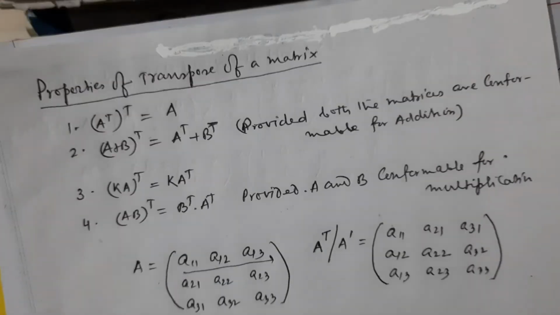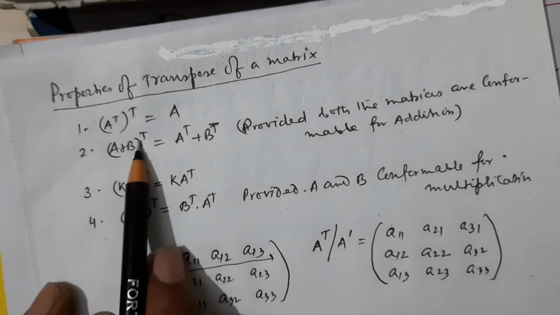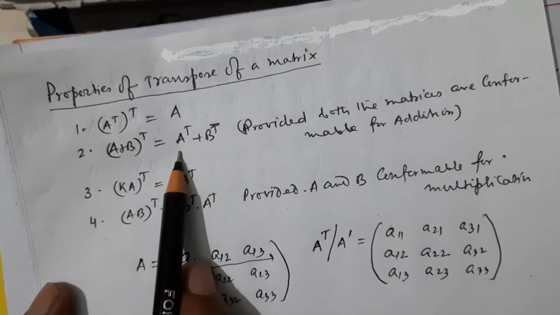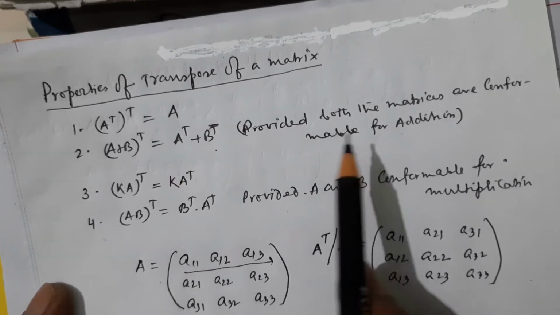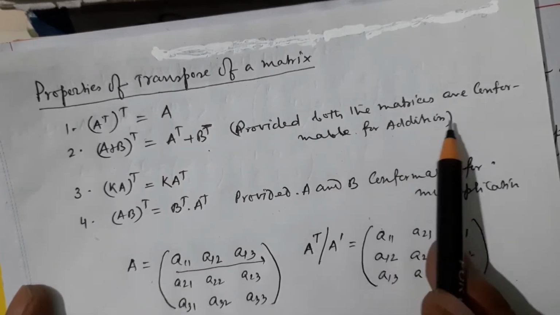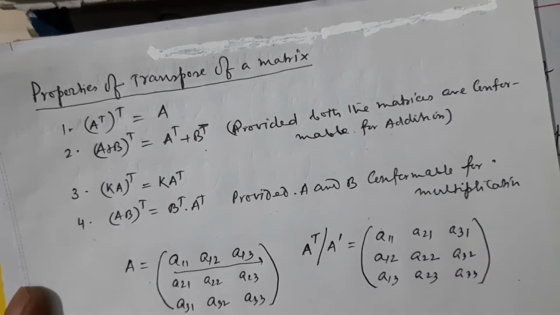Second property: A plus B whole transpose, that is equal to A transpose plus B transpose, provided both the matrices are conformable for addition.